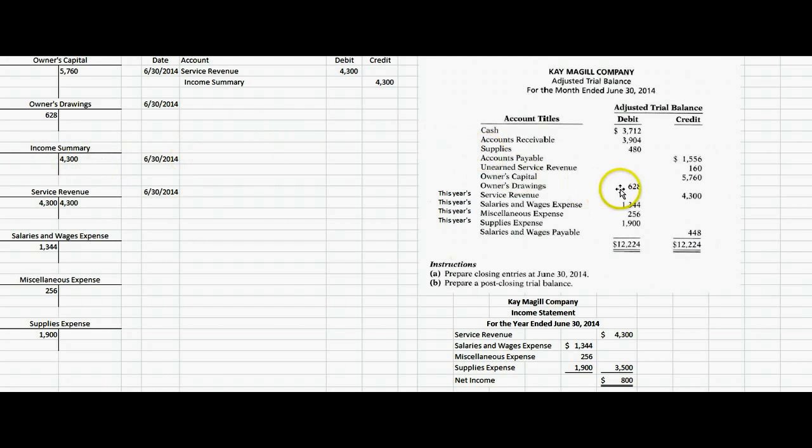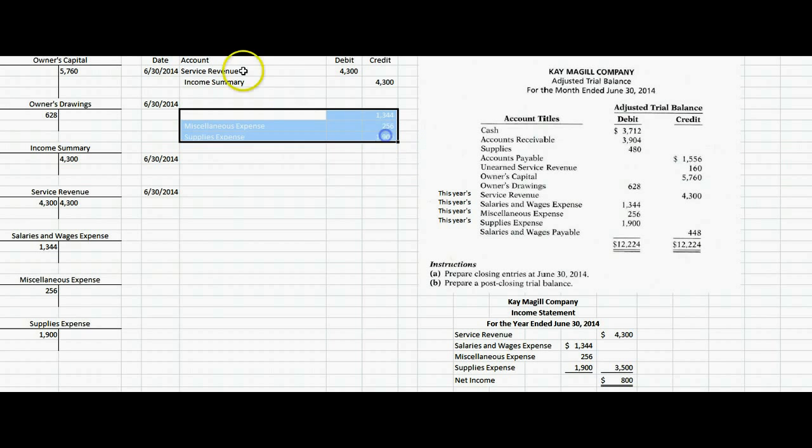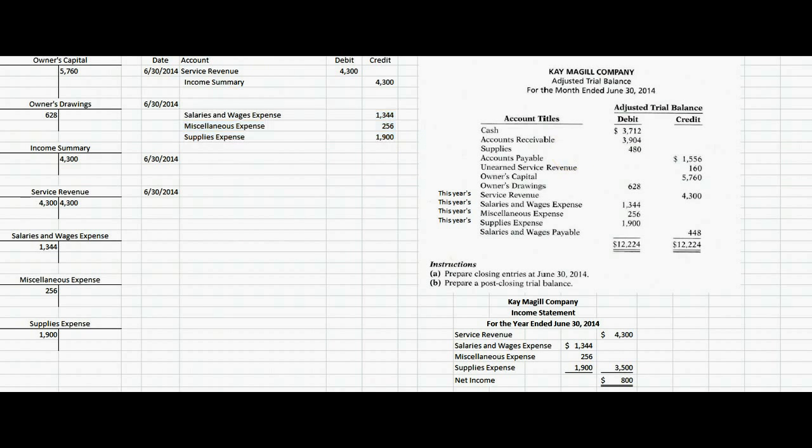All right, the expenses all have debit balances. So to make them 0, to empty out those buckets, we're going to have to credit them. And we're going to debit the account income summary for the total. So let's post those. Income summary gets a debit of $3,500.